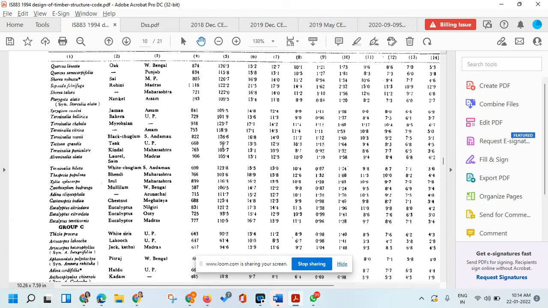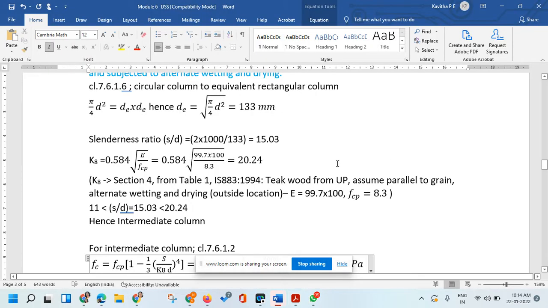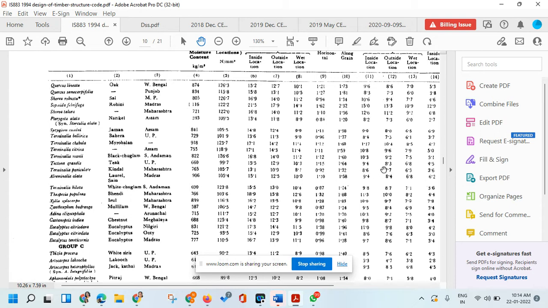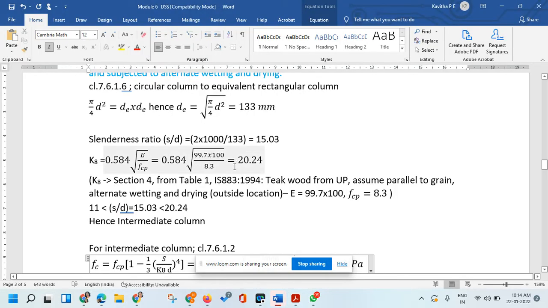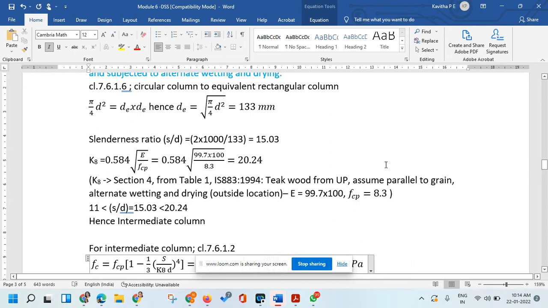The E value is 99.7, and for the outside location I need the outside location FC value. Outside location FC value is say 9.2, right? Okay, so let me check. Teak, 99.7. Yes, I have adopted 99.7, and let me see the FC value. Here outside location it is 8.3. Yes, so it is 8.3. It is correctly written here.